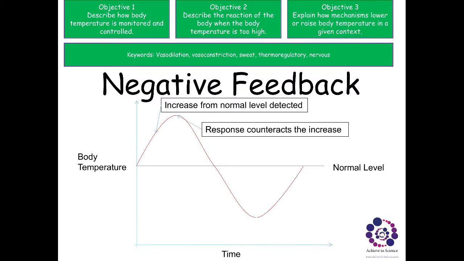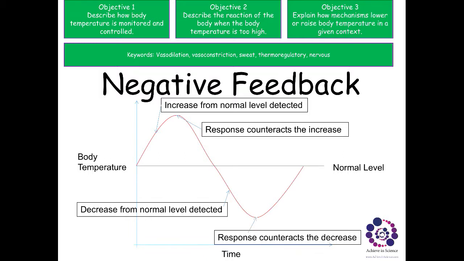Our body will then respond to counteract that increase and decrease the body temperature back to its norm. If the body temperature then goes too low, again, that decrease is detected by the thermoregulatory centre in our brain and our skin receptors. And that will trigger a response to happen that will counteract that decrease.